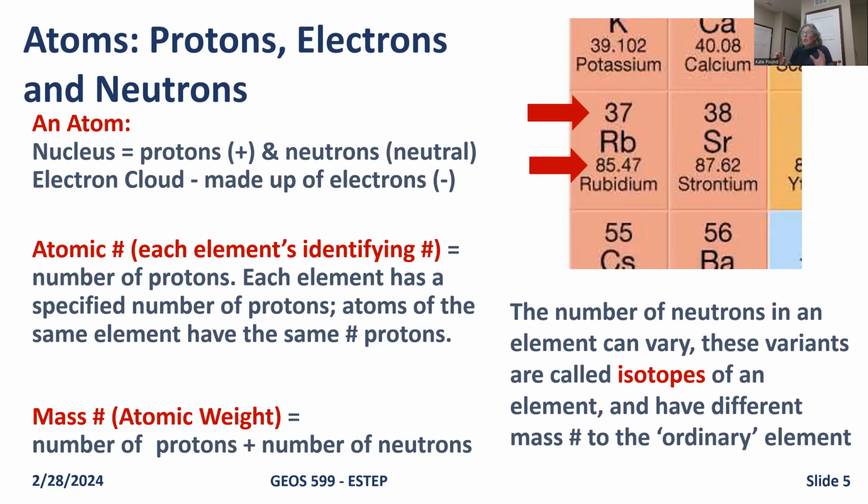And all atoms of the same element, so any atom of rubidium, will have an atomic number of 37.